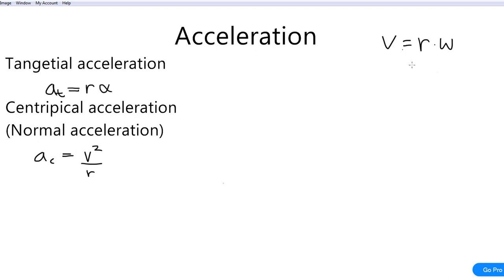Speed is just the magnitude. Typically, when you're doing all this, you're going to be working with speed or with velocity, but it won't just say speed, it'll just say velocity. So it's different, but it's not.